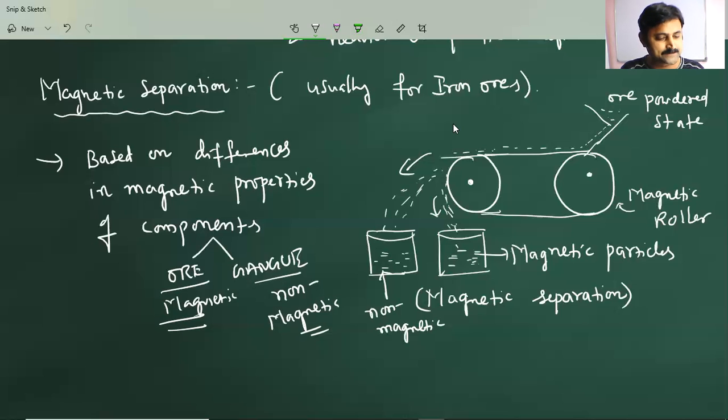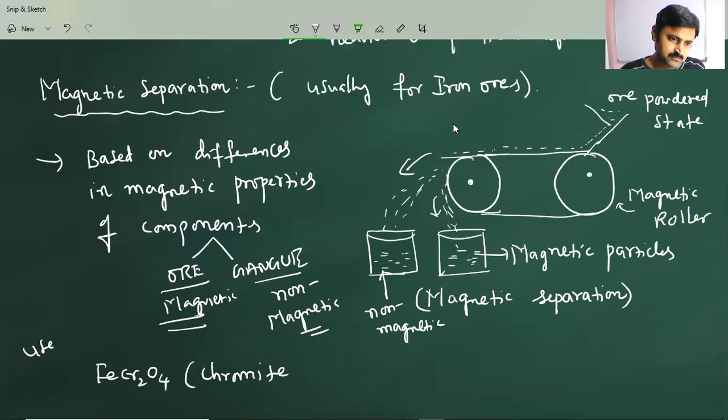In the electromagnetic separation, we can also call this an electromagnetic roll separation. In this method, actually, we will use chromite ore for its concentration, FeCrO4. That ore, we will call it as chromite ore.